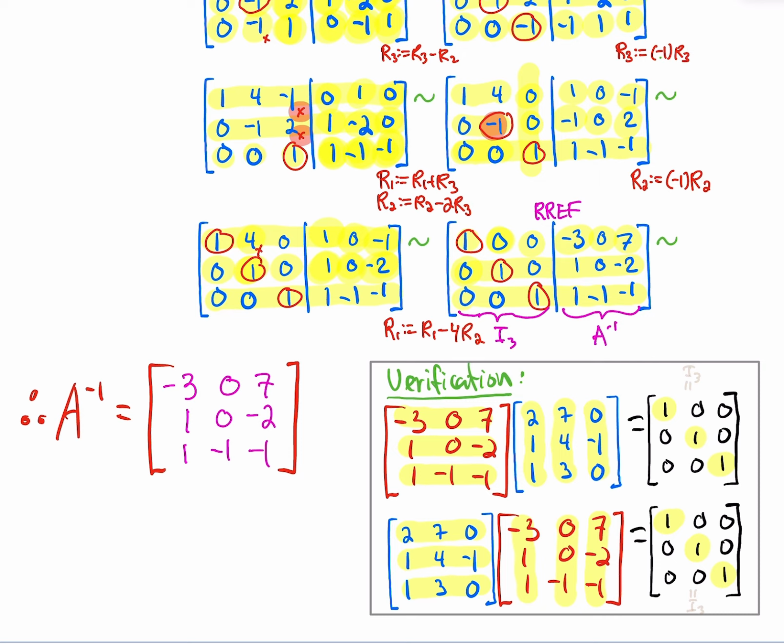If you do A inverse times A or A times A inverse, what you're going to get is the identity matrix I3. So this is good practice for matrix multiplication also. I'll let you do that on your own. But this is something that will guarantee that your computations are right. You're still probably learning how to multiply two matrices.